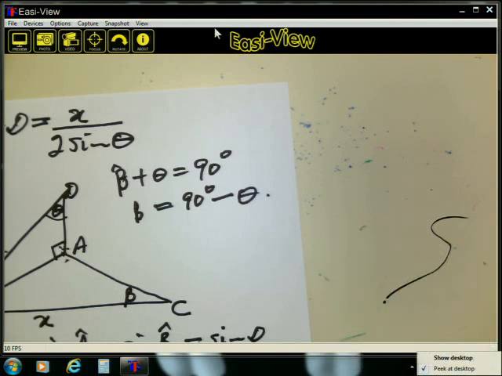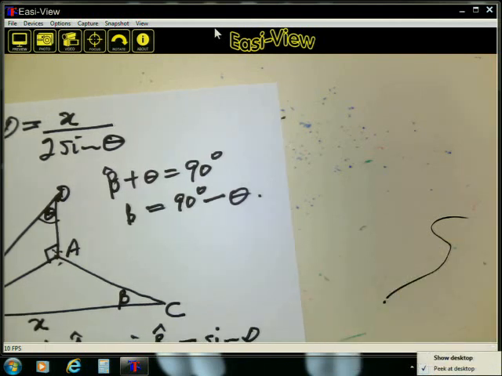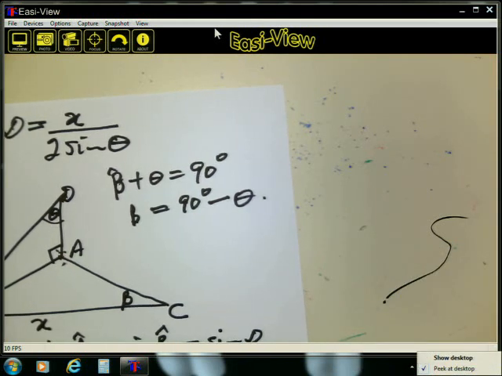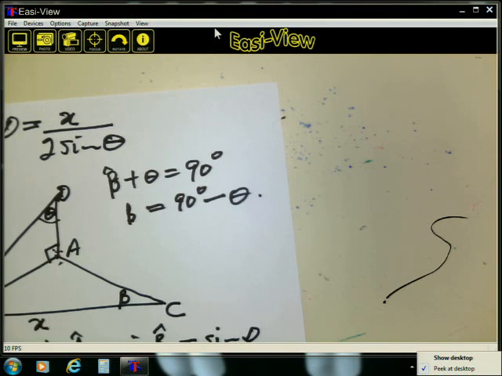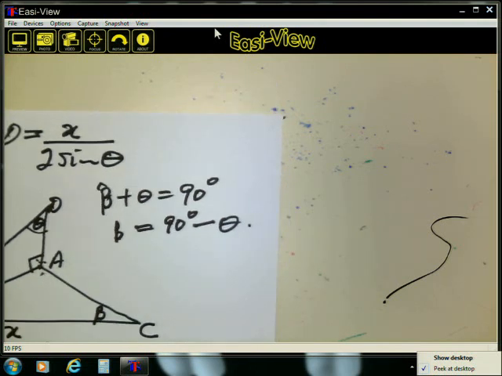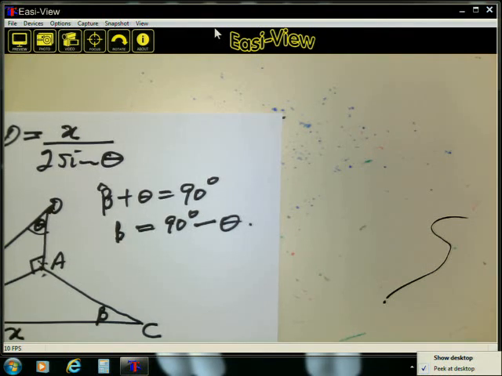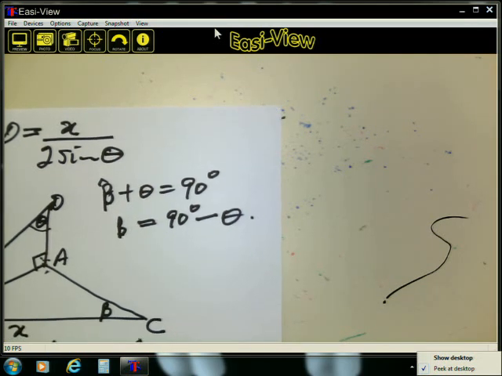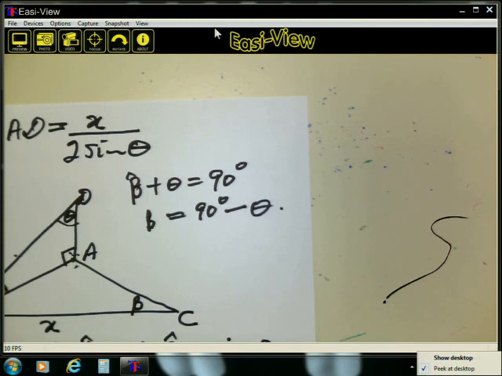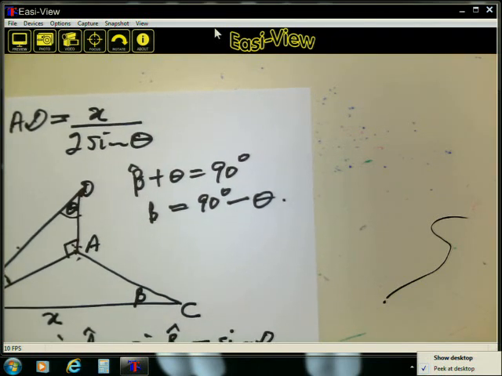Over AD, or rather we choose this one. Sine 90 minus theta over AD is equal to sine B over AB.